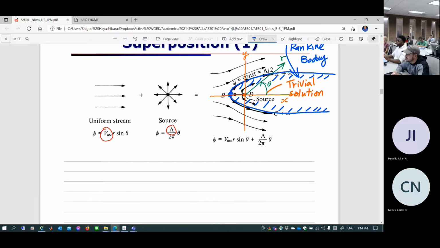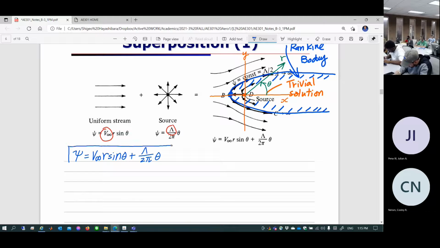Okay. So if you add them, psi is equal to V infinity r sine theta. Obviously, this is the r and theta polar coordinate equation. And then plus lambda over 2 pi theta. So this is the stream function of this flow field.